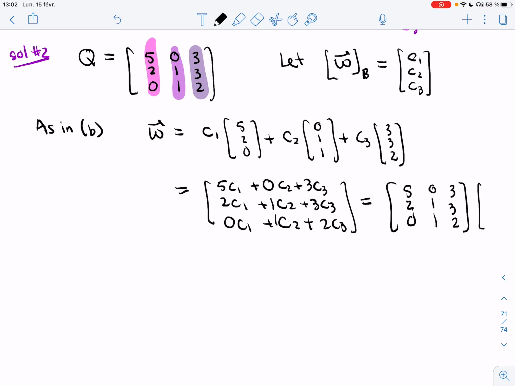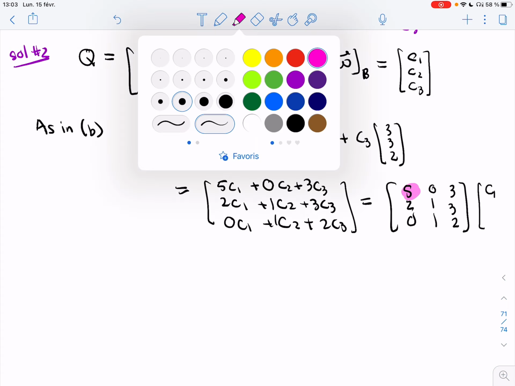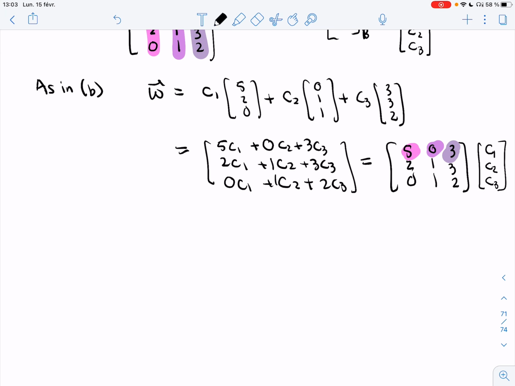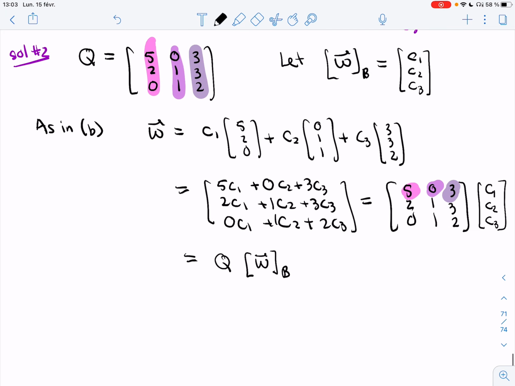And then when I multiply, I want this part to be multiplied by C1, the following part by C2, and the final one by C3. That's going to be true for every single row. And so really, w is Q times the coordinate vector.